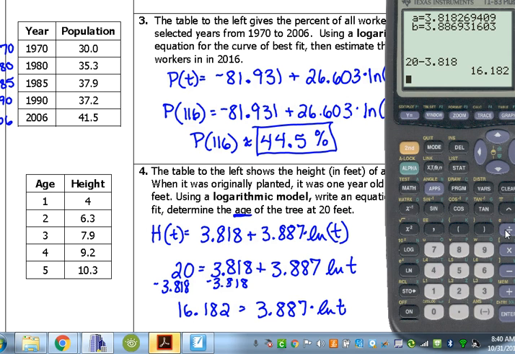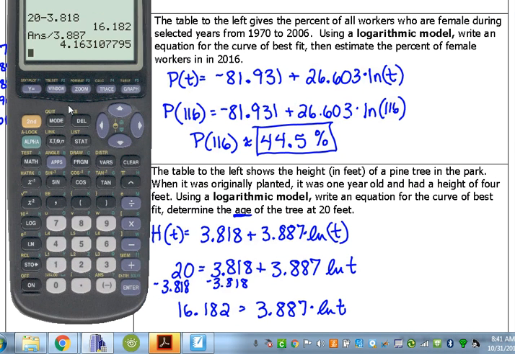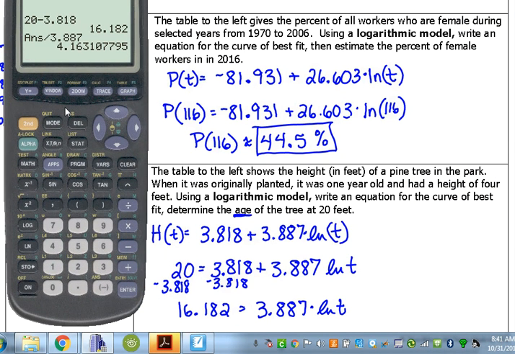What's being done to it right now? It's being multiplied. So what's the opposite? Divided. So we divide both sides by 3.887, so we get 4.163 is equal to the natural log of t.